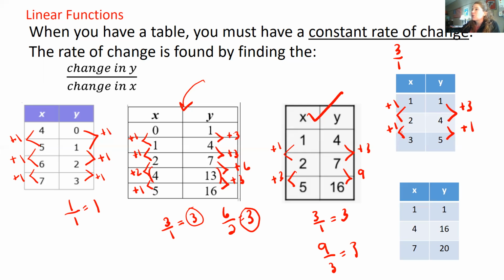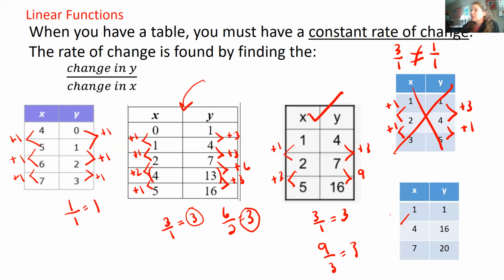But for the second change, we would do 1 over 1, and these are not equal. So even though this represents a function, because the x values don't repeat, this is a non-linear function. All right, and then the last one, go ahead and think of it on your own.